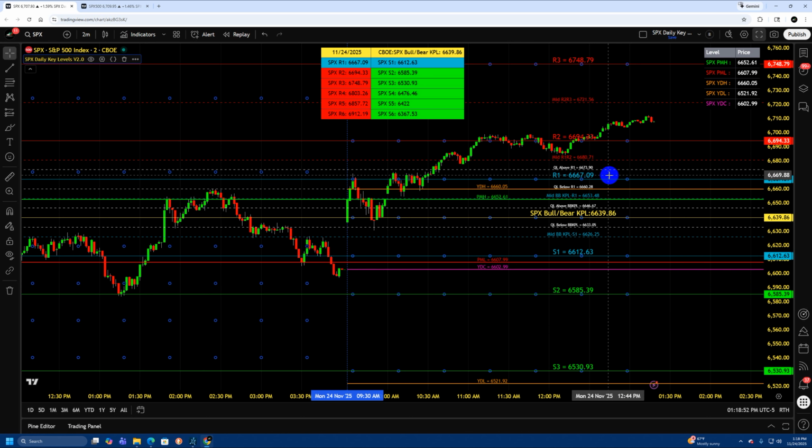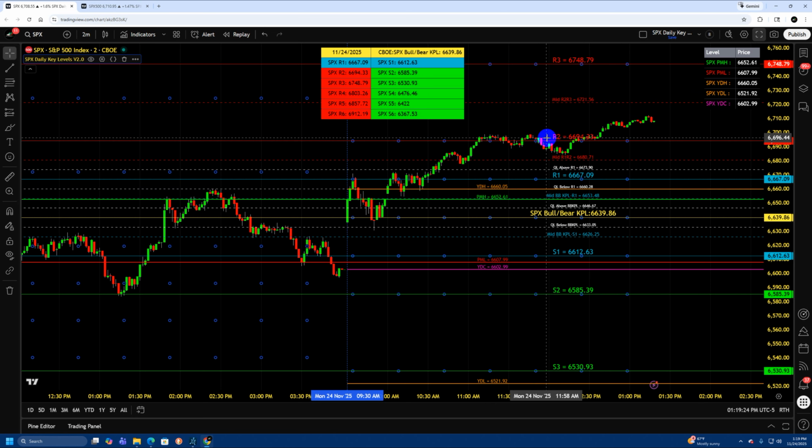So for example, if you were taking a bullish trade off of the bull bear key price level, your standard stop loss would be the midpoint level below the bull bear KPL, which would be this level, mid BBKPL S1. If we were taking a bullish trade off of R1, then our standard stop loss would be mid BBKPL R1, or the first midpoint level below R1.